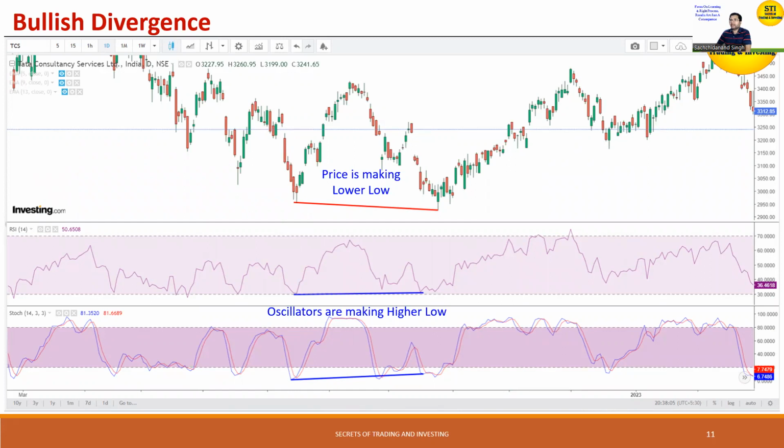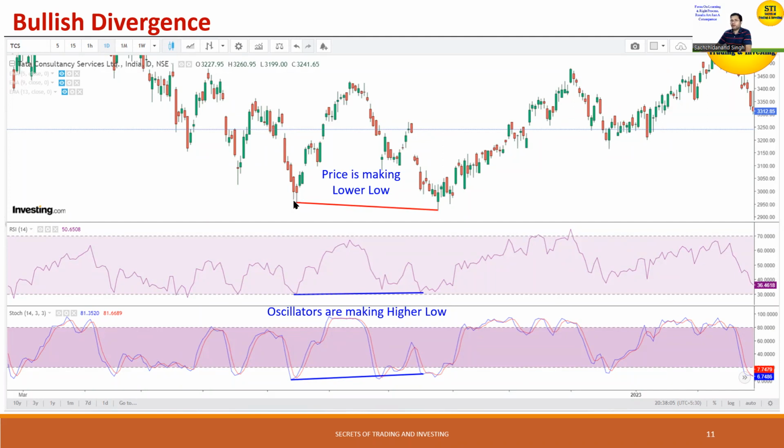As per Dow theory, it is making a lower low. In very simple terms, the price is going down as compared to the previous low.